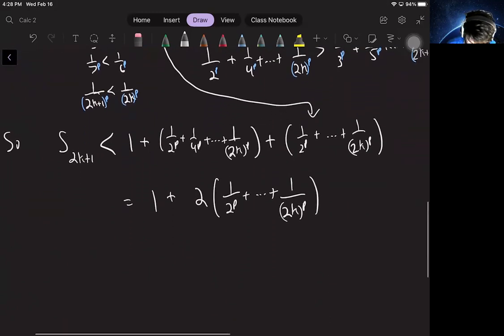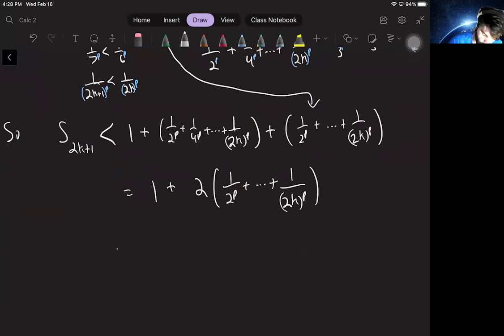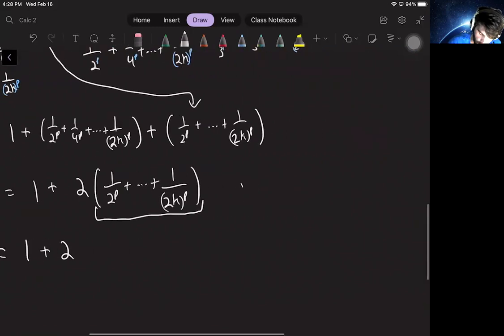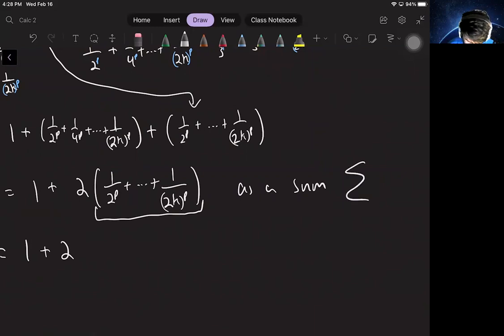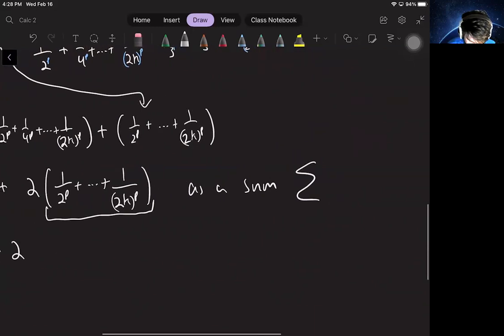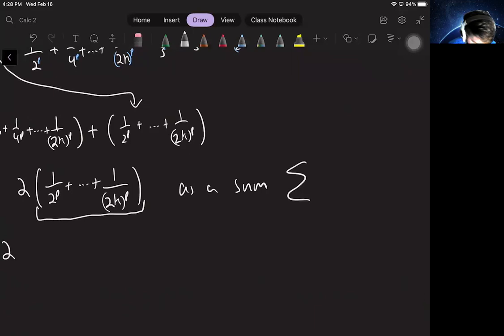So now for another devious trick, what we're going to do is rewrite this guy as a sum of its own. So how can I think of this? Well, I can think of it as 1 divided by even numbers added up together.